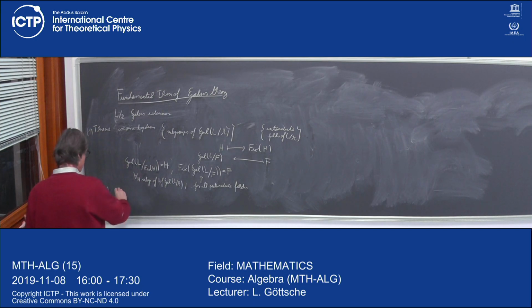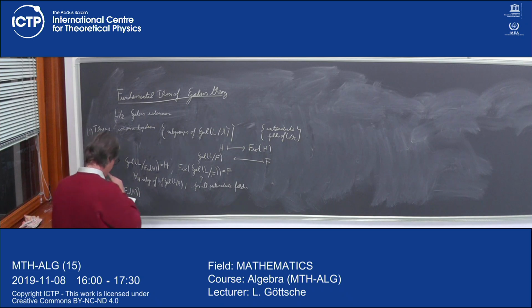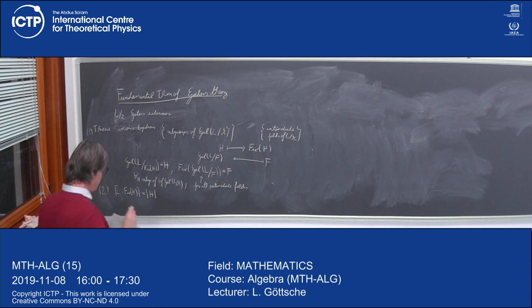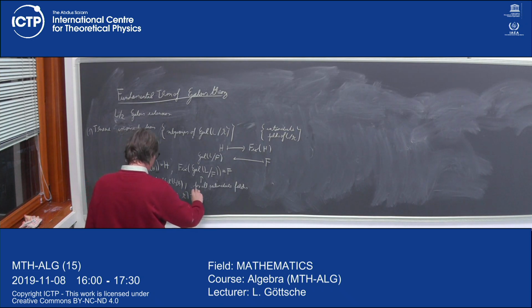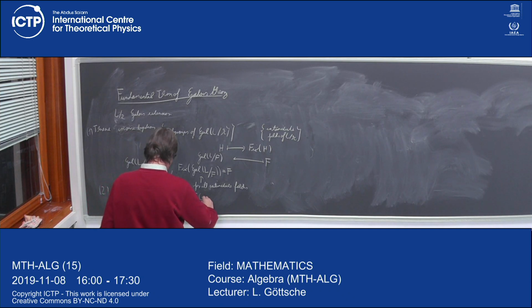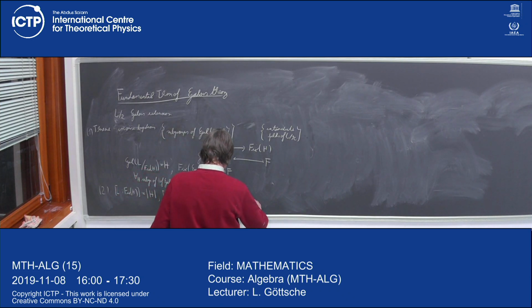So we take the degree of L over the fixed field of some subgroup H. This is equal to the order of the subgroup H, and the degree of the fixed field of H over K is equal to the index of H inside the Galois group of L over K. So this holds for all subgroups.